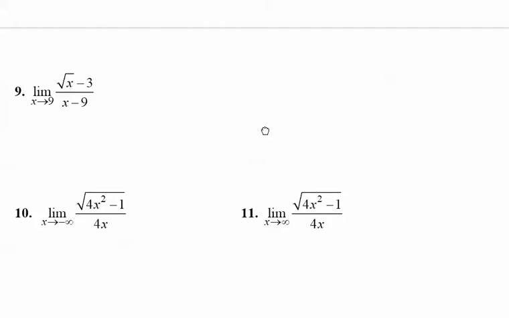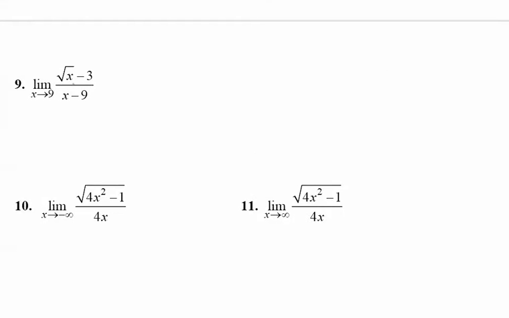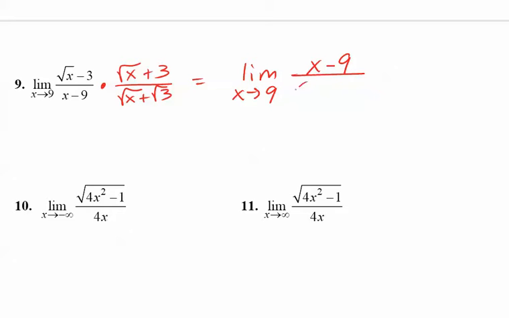All right, question 9, we see our binomial term that has a square root. So our trick is to rationalize, whether it's in the denominator or the numerator, and we will come up with x minus 9 for our numerator, and do not distribute in the denominator because of course we're expecting something to cancel.